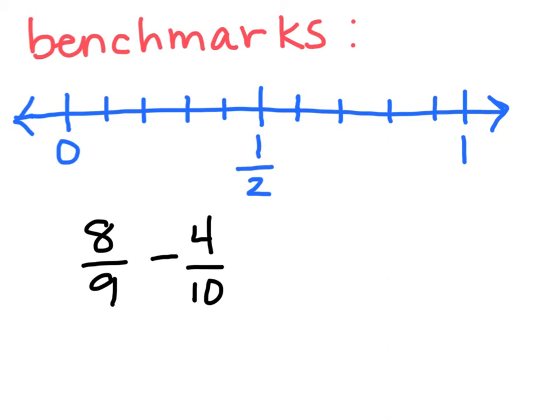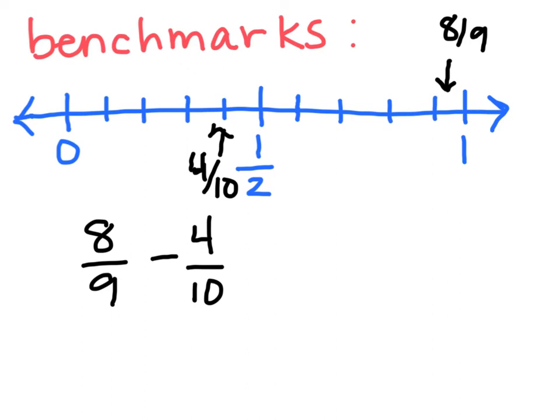If I were marking it on my number line here, I'd probably put it around here, 8/9. And 4/10 is not quite 5/10. 5/10 would be 1/2. So I'm going to put 4/10 right here, right below 1/2.